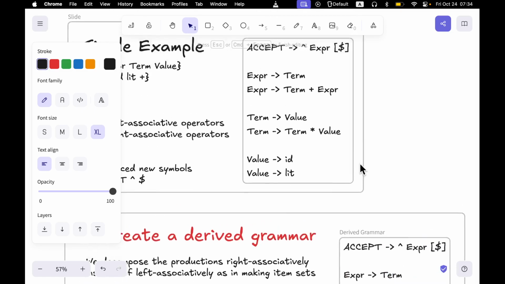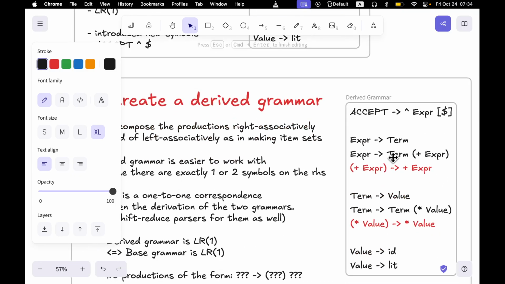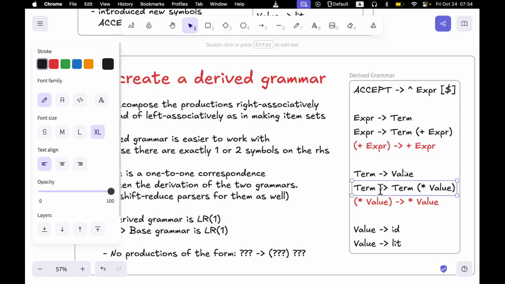So for example, this rule, expression produces term plus expression, is decomposed into 2 rules. Expression produces term and parenthesized plus expression symbol. We count this as 1 symbol, and parenthesized plus expression symbol produces plus and expression. For this rule, the original rule was term produces term times value.